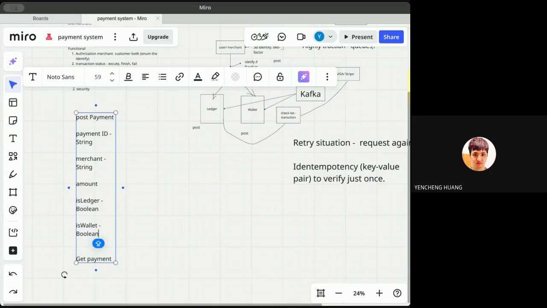Its ledger and its wallet means whether it has finished storing the ledgers and storing the wallets.